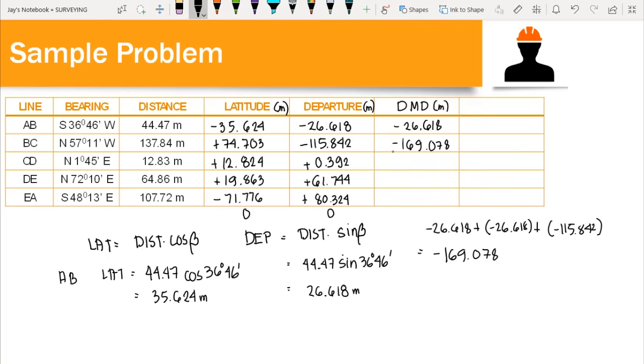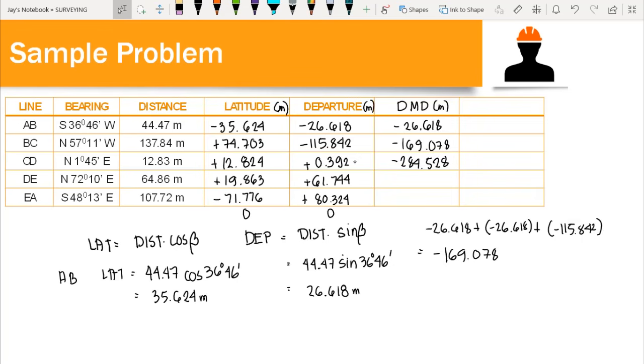To compute the DMD of the next line, the same rule applies: we add the DMD negative 169.078 plus the departure of the same line, then plus the departure of the succeeding line. So negative 169.078 plus negative 115.842 plus 0.392 gives us negative 284.528.